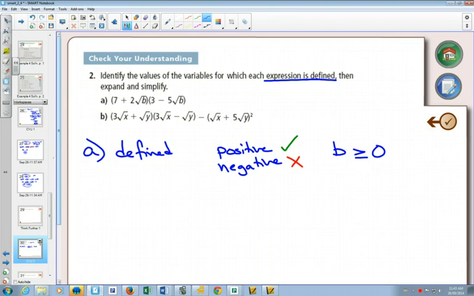Now that we have that, we can FOIL: first, outside, inside, and last. 7 times 3, 21. 7 times negative 5 root b. Again, you multiply the coefficients and you multiply the radicals. Now the coefficients: 7 times negative 5 will give you negative 35.